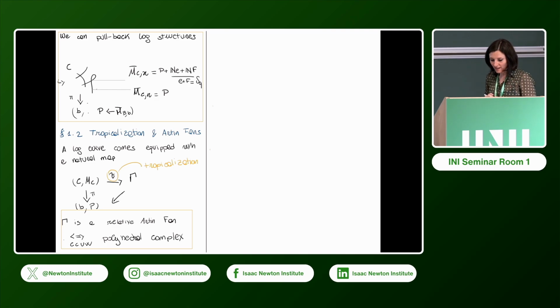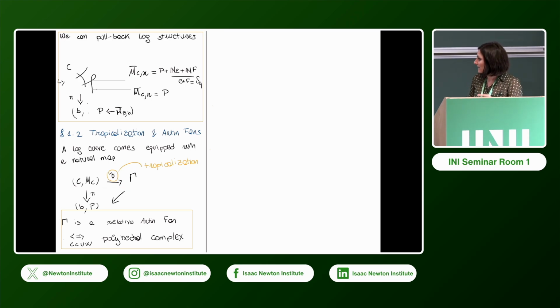In fact, I really want to make this tropical object become a geometric object. It wants to become an Artin fan, so it wants to become an algebraic stack, but an easy one. And I really want to have a map from my logarithmic curve to this tropical object.